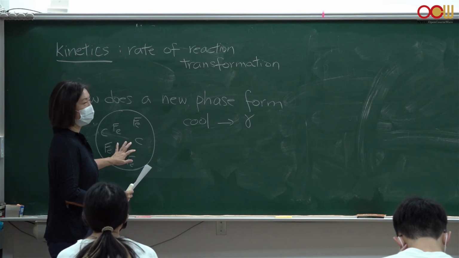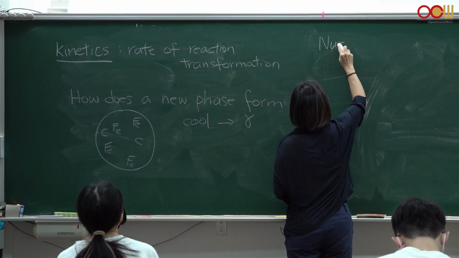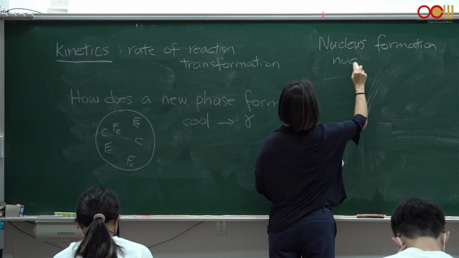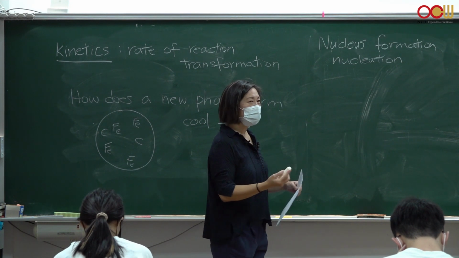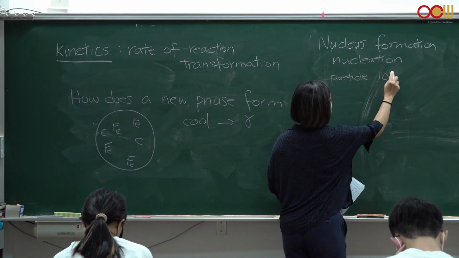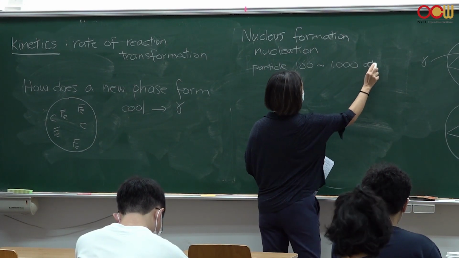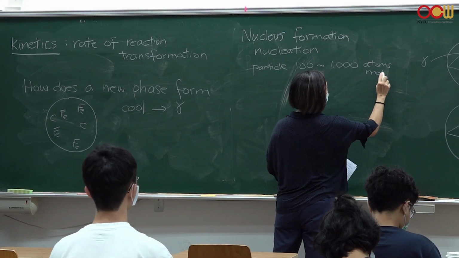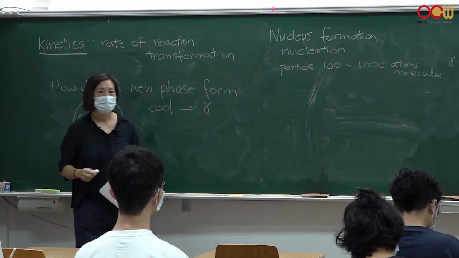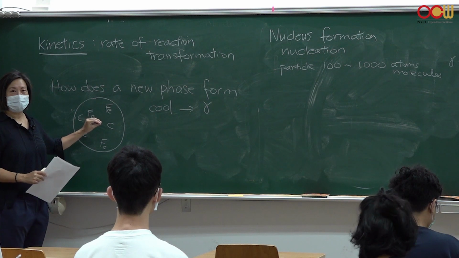But how does that phase actually form? It forms a nucleus first. It's also called nucleation. And nucleation is any time you get a small particle, about 100 to 1,000 atoms or molecules. So you get a small particle within this liquid, that's austenite.